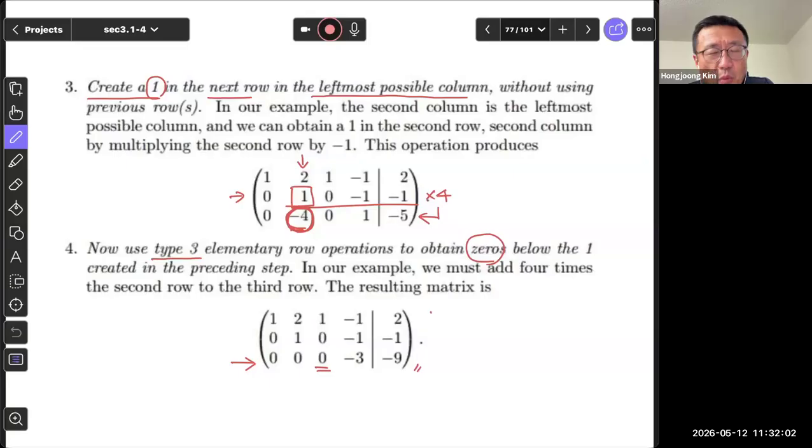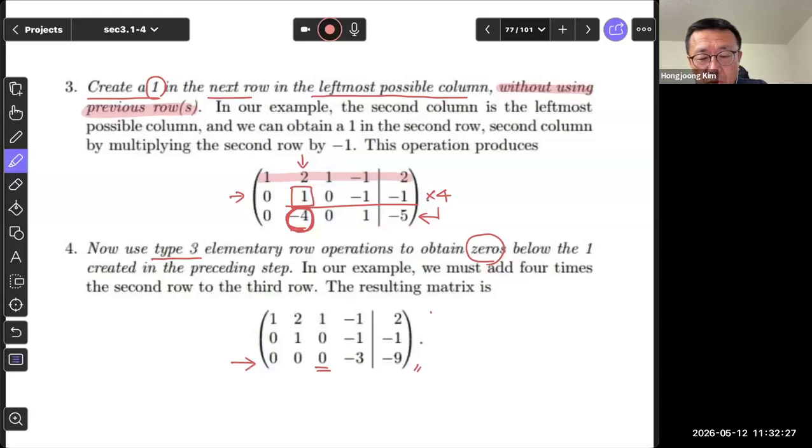You create a 1 in the next row in the leftmost possible column, and at that point you do not use previous rows, meaning you temporarily forget the first row and consider only the second to the last rows.